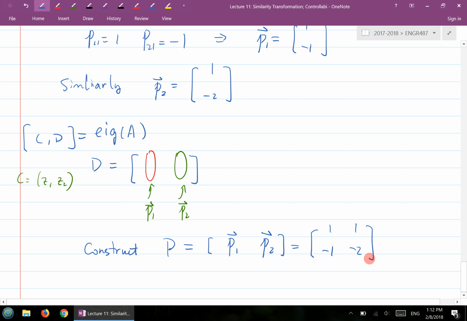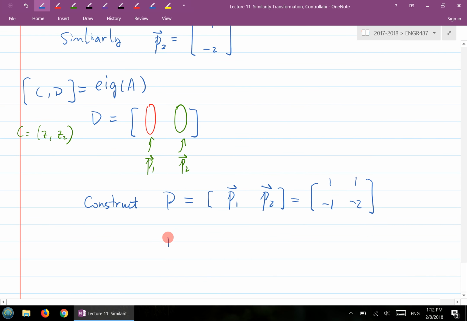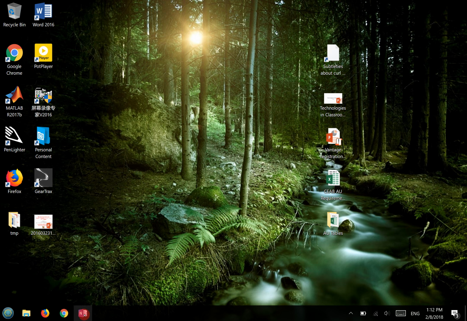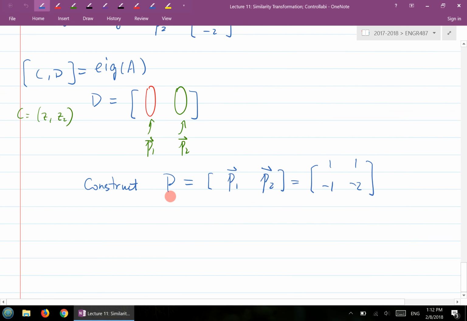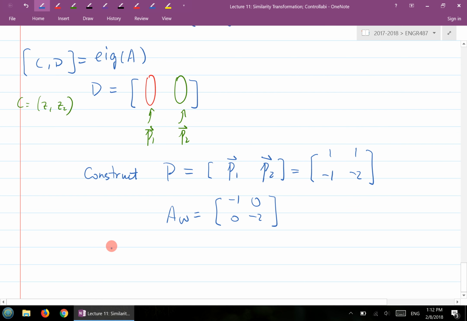That gives us the transformation matrix P. And of course the diagonal matrix has -1, -2 on the diagonal and 0, 0 elsewhere. You can easily show that this A matrix is the same as P times the diagonal matrix times P inverse.